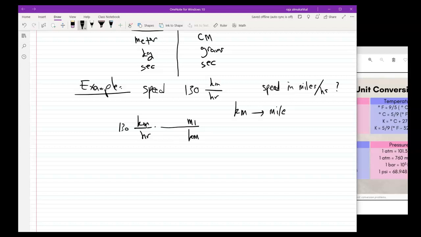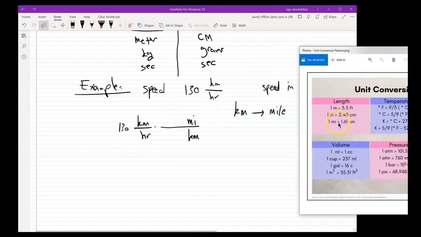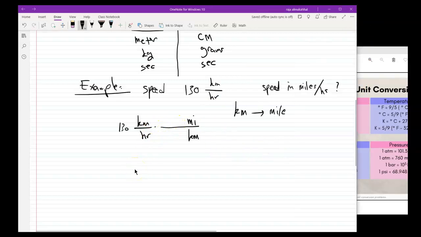So I put the miles here, I'm going to call it mi. And now I look at the relationship between mile and kilometer. It says 1 mile is 1.61 kilometers. So 1 mile is 1.61 kilometers. And so as you can see here, the kilometers will cancel out, and I'll end up with the speed.